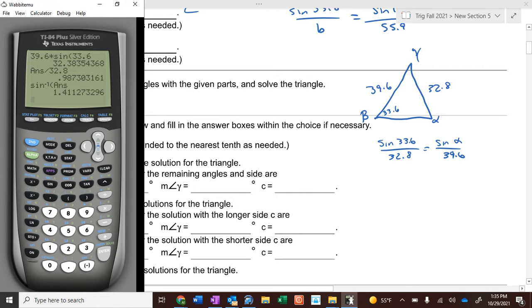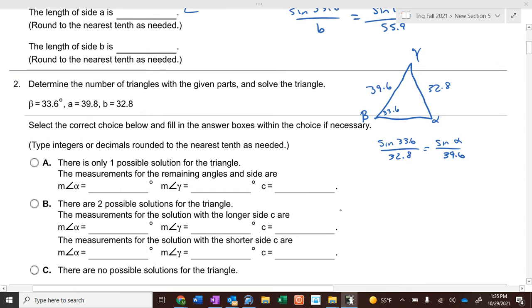And I get 1 point... what did I do wrong? Oh, you know what? Mode. I'm in radian mode. Doesn't work. There. So, yeah. What did you get for an answer? 41.9.